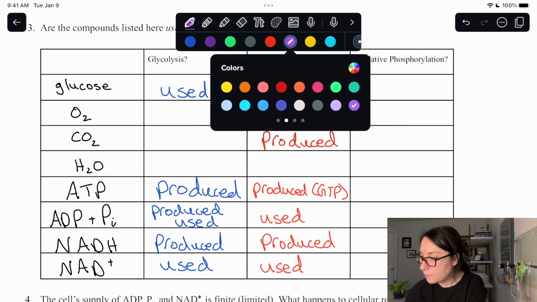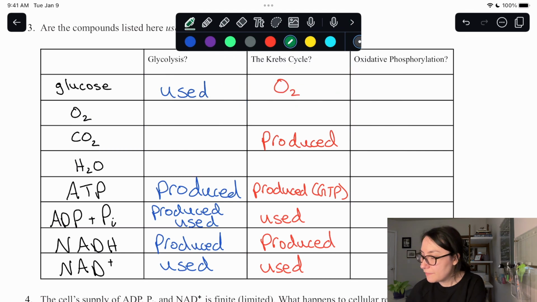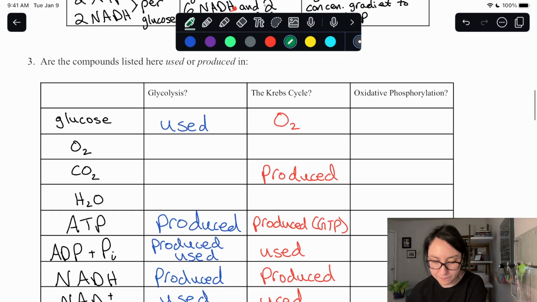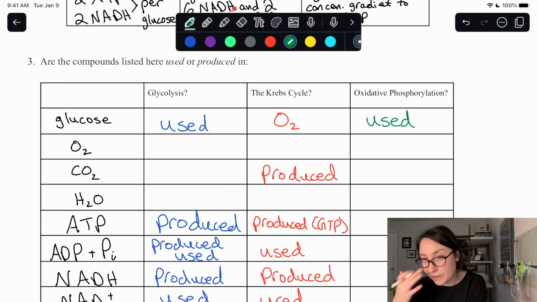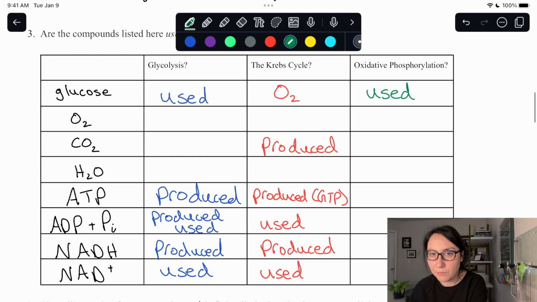Last one, let's switch to the color green. Let's go green. For oxidative phosphorylation. Well, around this point, you have to use a little bit of glucose. You got to use some of that sugar to be able to actually energize oxidative phosphorylation. You don't have any O2, you don't have any CO2 because that was basically used up and produced in the Krebs cycle.